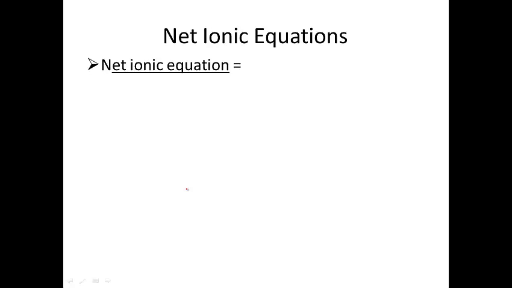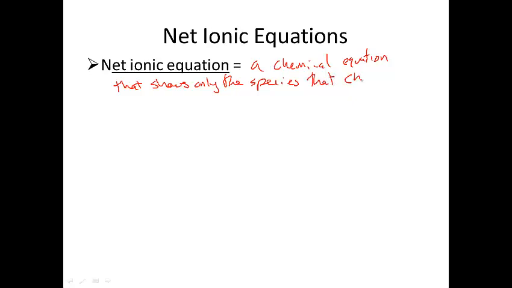All right. So, yeah. Net ionic equation is a chemical equation that shows only the species that change in a reaction. So that's taking out things like nitrate in that last reaction that didn't change at all, which are called spectator ions.